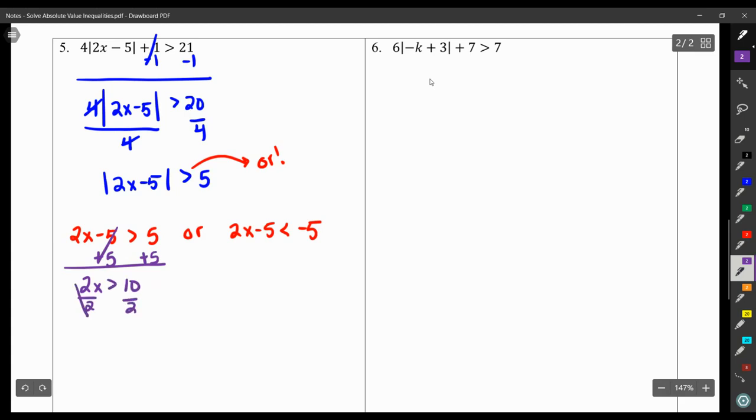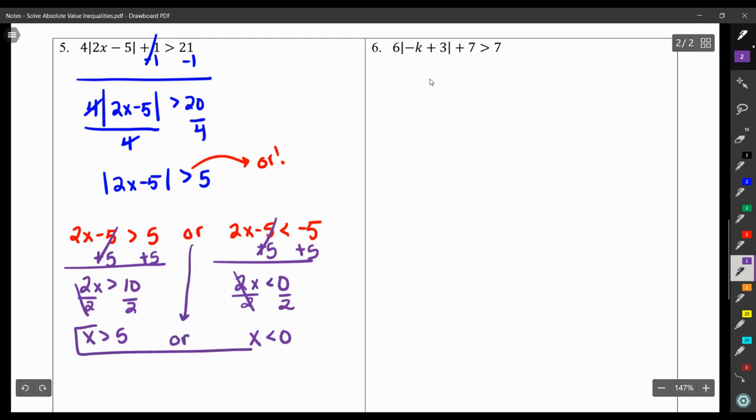Divide out the 2. x greater than 5. Then on the right side, you're going to add 5 to both sides. We get 2x less than 0. Guys, that's fine. 0 is a number. So all you're going to do is try to get x alone by dividing by 2. And 0 divided by 2 is still 0. Remember to put the word or in the middle. Drop your or down. And this is the solution to this absolute value inequality.